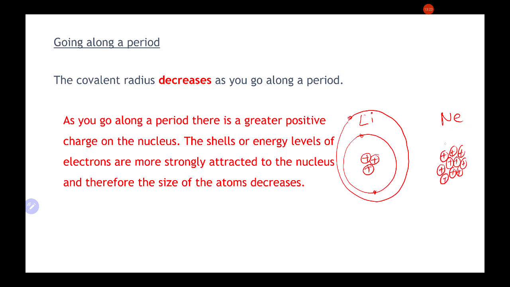And what's going to happen is that the pull on the 10 electrons is going to be much greater, which means that these electrons are going to be much, much closer to the nucleus. So that explains why going along a period, as you're increasing the number of protons, your atomic size decreases. Again, we can practice using the nuclear charge rule, but that is basically all it is.